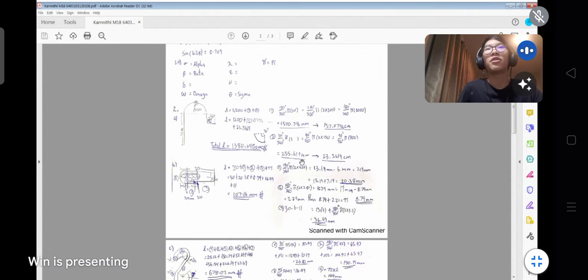And convert that to centimeters, you get 23.5619 centimeters. Plus that all together, this and this, and also the 1200, you get 1380.6413 centimeters.